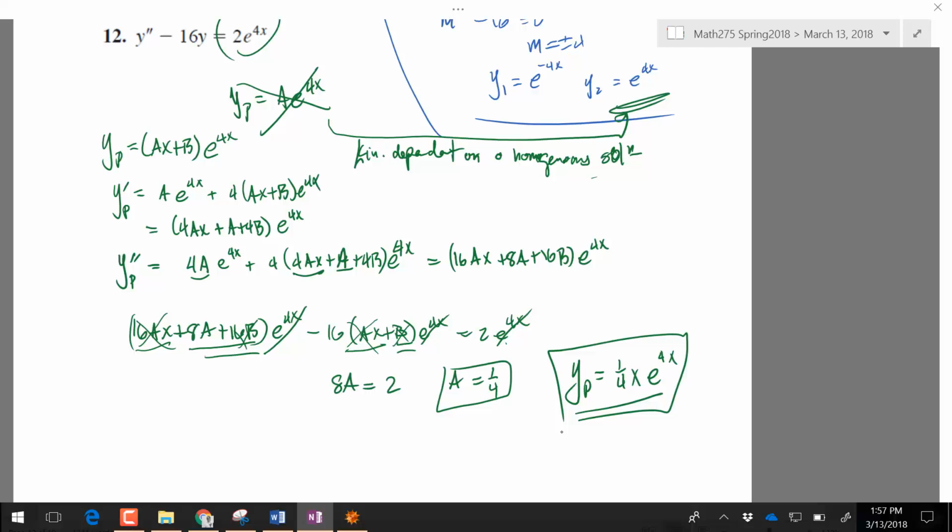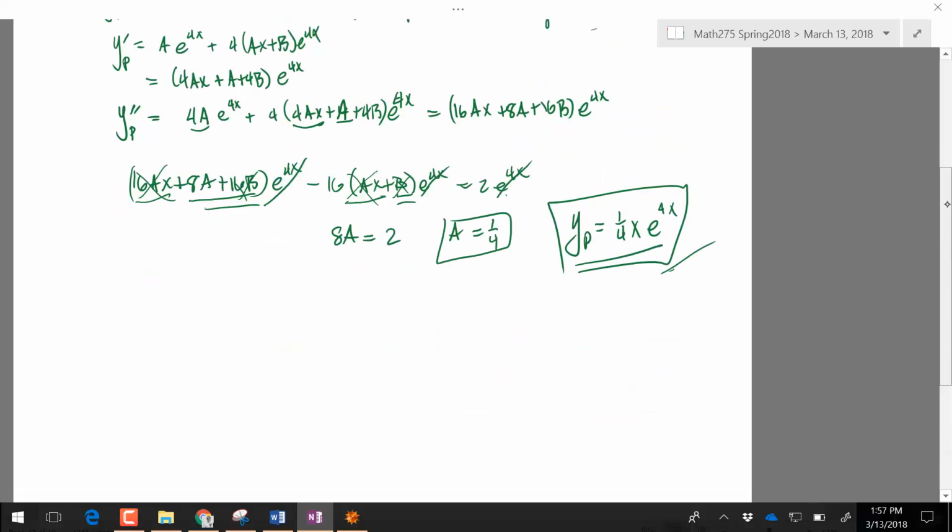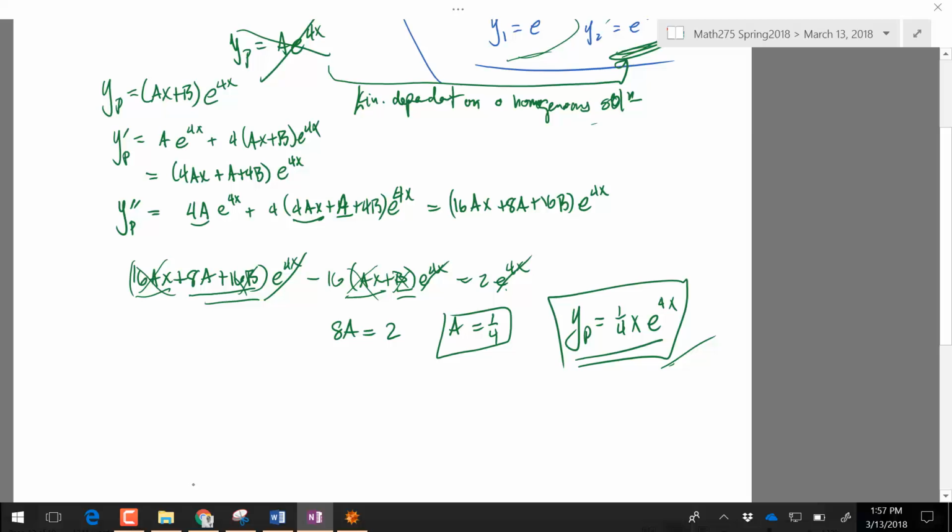All right. Now that we have that, we can string them up, and the fundamental solutions as well as the particular solution are all linearly independent. And so that should work out just fine.